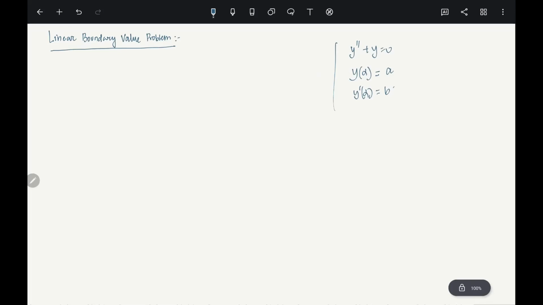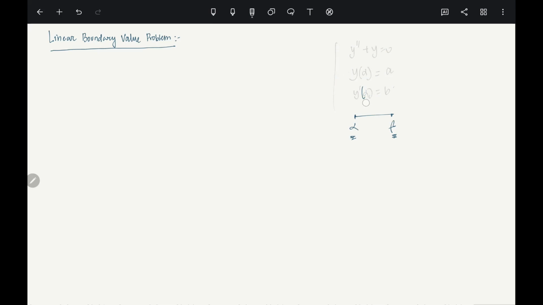Now what we want to see is, if there are 2 points alpha and beta, and you know what happens to y at the point alpha and y at the point beta, or y prime at alpha or y prime at beta. So you have data at 2 points alpha and beta, not only at the point alpha. Now what can we say about existence of solution, or uniqueness? Those sort of questions we want to answer now.